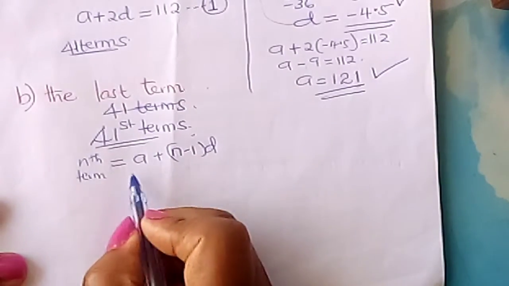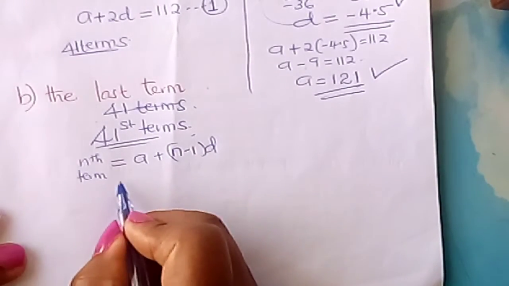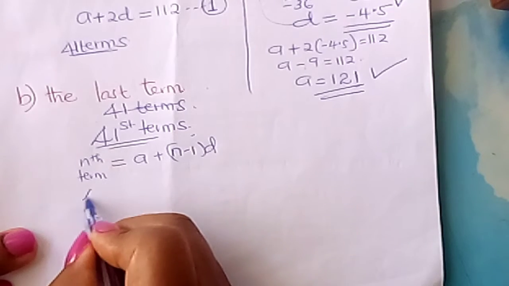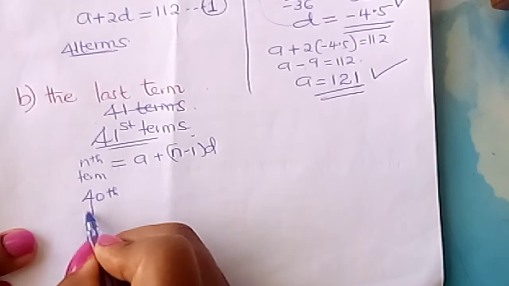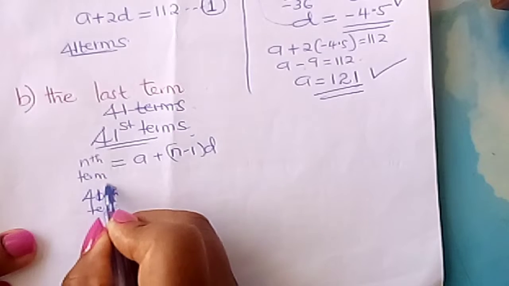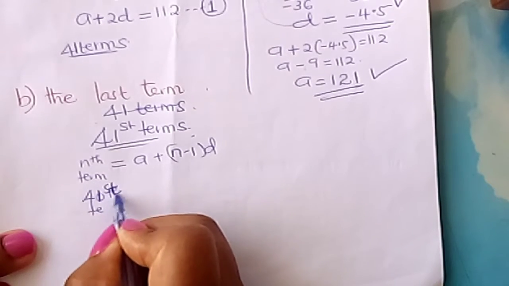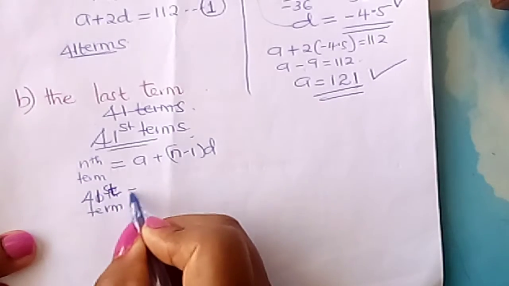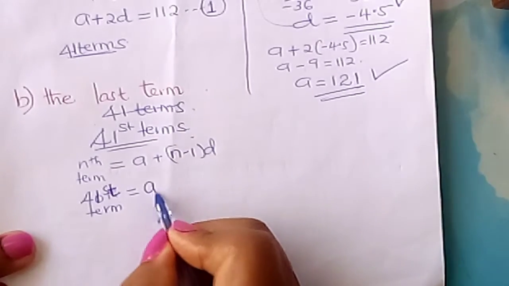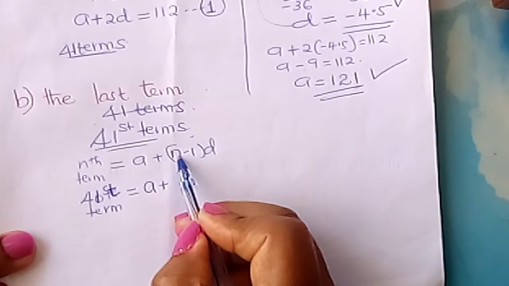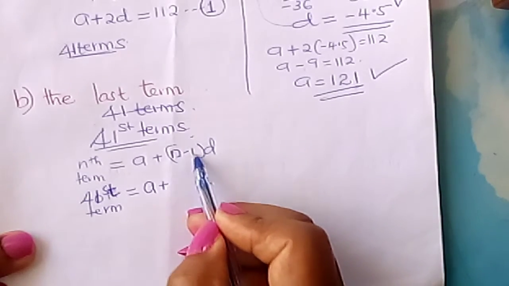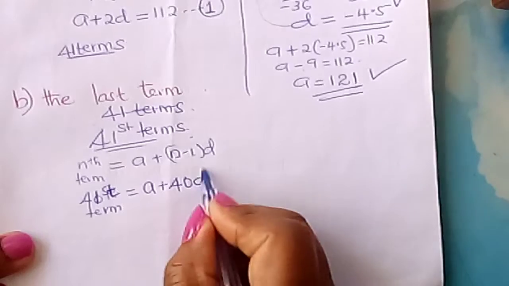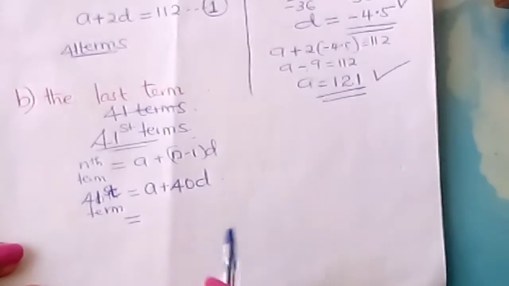So you come here and you say the 41st term, write it that way. The 41st term, Lana, will be equal to A plus, your n is 41, 41 minus 1 gives you 40, D. From here, learner, things are easy.